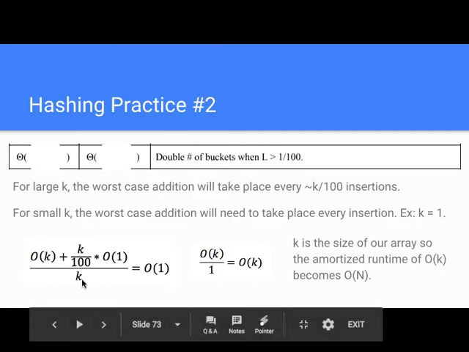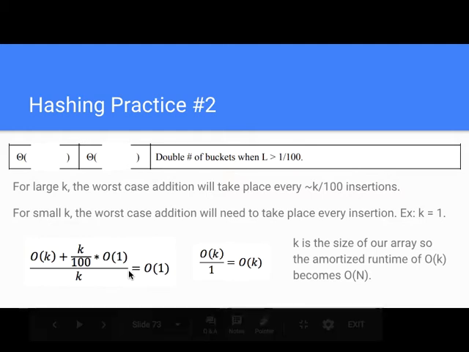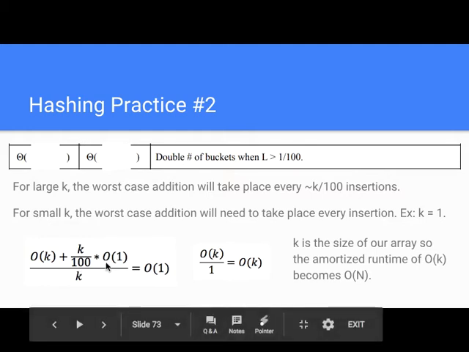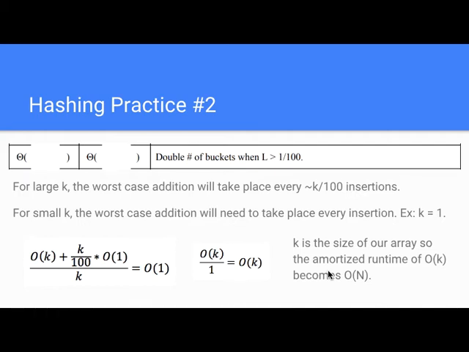For every k over 100 insertions, these insertions take constant time. So when we do k over 100 constant time insertions with 1 resize, we end up with a constant time amortized analysis, for the same reason as before. This is really similar to the first one.